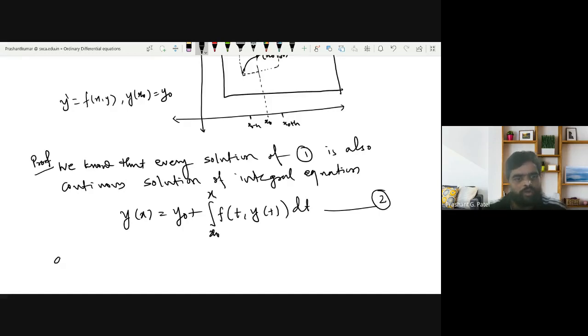So we conclude that equation 1 has a unique solution in the neighborhood of x0 if and only if equation 2 has a unique solution in the same interval.